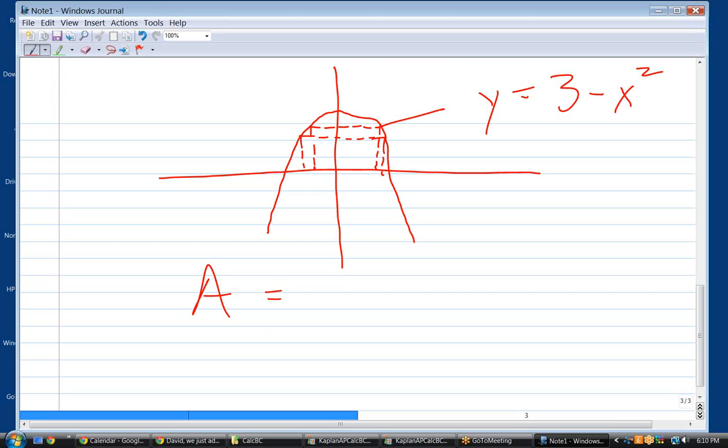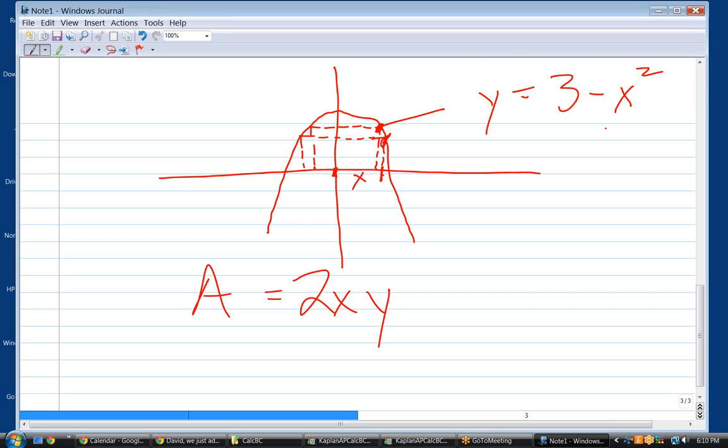Regardless of where I put this rectangle, the distance from here to here is x, which makes its base 2x. Its height is that dimension or that dimension, and that is y. So the area function is 2x times y.